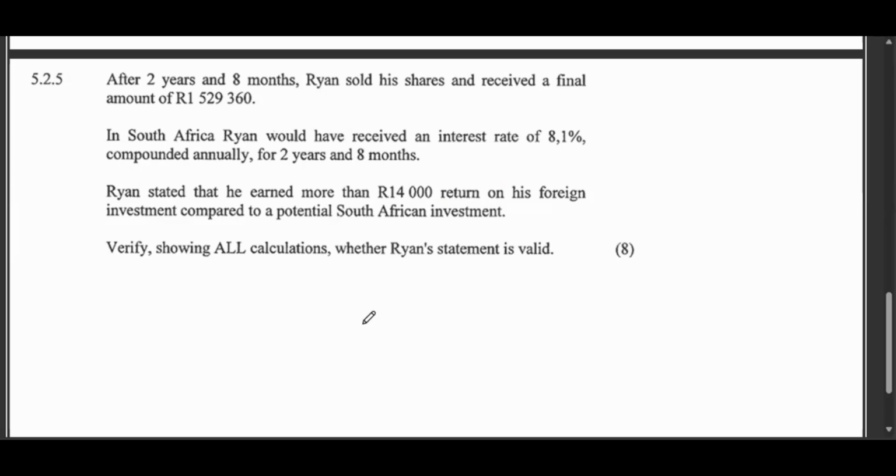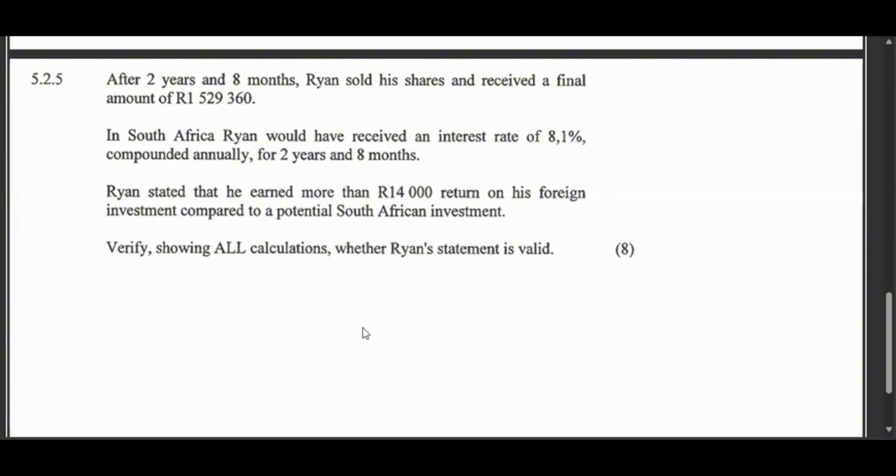In South Africa, Ryan would have received an interest rate of 8.1% compounded annually for 2 years and 8 months. Ryan stated that he earned more than 14,000 return on his foreign investment compared to potential South African investment. Verify showing all calculations whether Ryan's statement is valid.